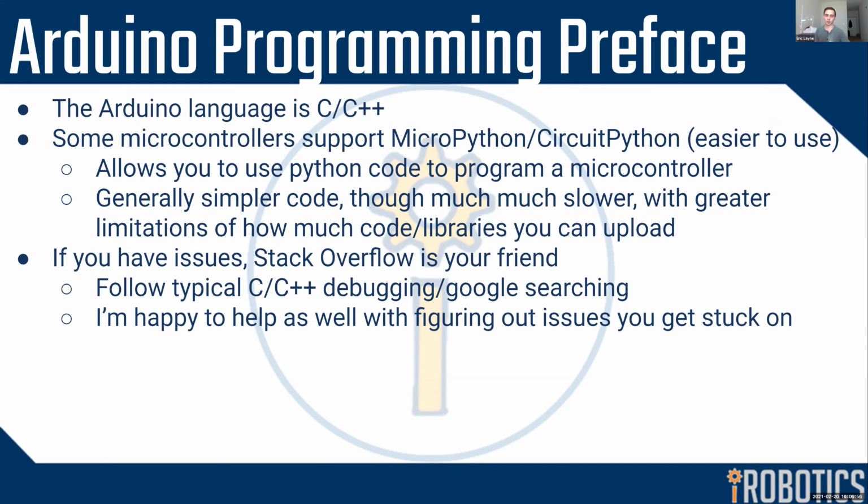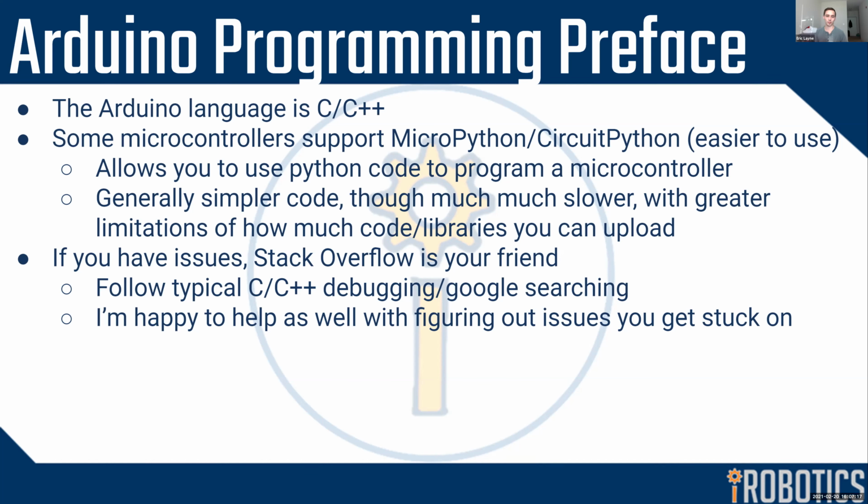You can Google either of those two terms. There's pre-built code that you upload onto a microcontroller, and then you can just plug it into your computer and drag and drop Python scripts onto it, and it'll do the rest for you. Like I mentioned, it's a lot slower, but there's a ton of libraries.